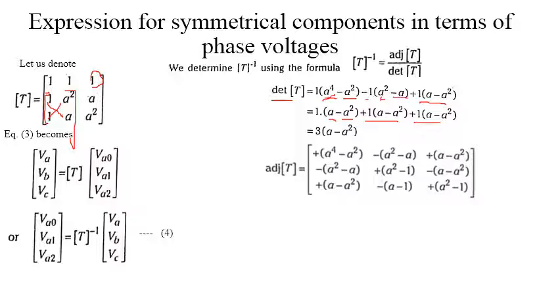What is the common term here? A minus A square is the common term. So the determinant of the matrix is nothing but 3 into A minus A square. Then let's understand how we need to calculate the determinant of the matrix.